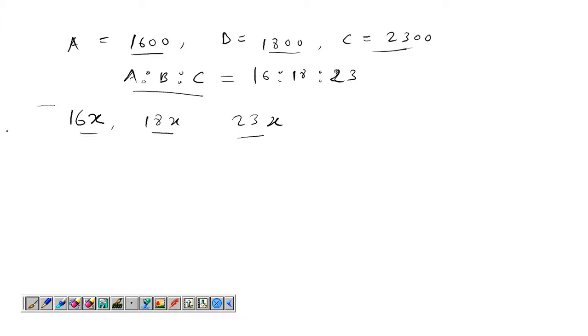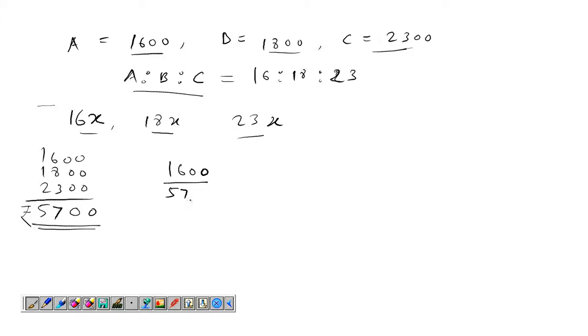So you can simply add these three figures, 1600, 1800 and 2300, and we get 5700, the total amount. Now out of this 5700, 1600 is invested by A. This is the ratio of his investment in the business.